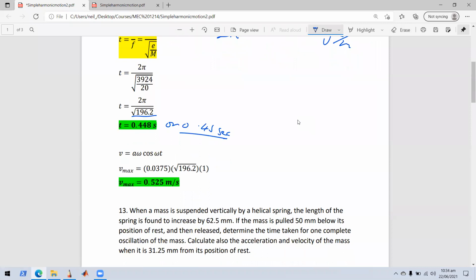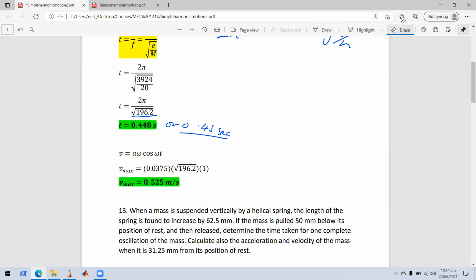Okay, now for velocity, maximum velocity. Velocity is a cosine function, right? The maximum value of this cosine function is 1. So we can just use that reasoning to plug the value 1 into this cosine formula. The velocity formula is V is equal to A omega cosine omega t. We know cosine goes from -1 to 1, so to get the max value out, we just put 1 in, right?